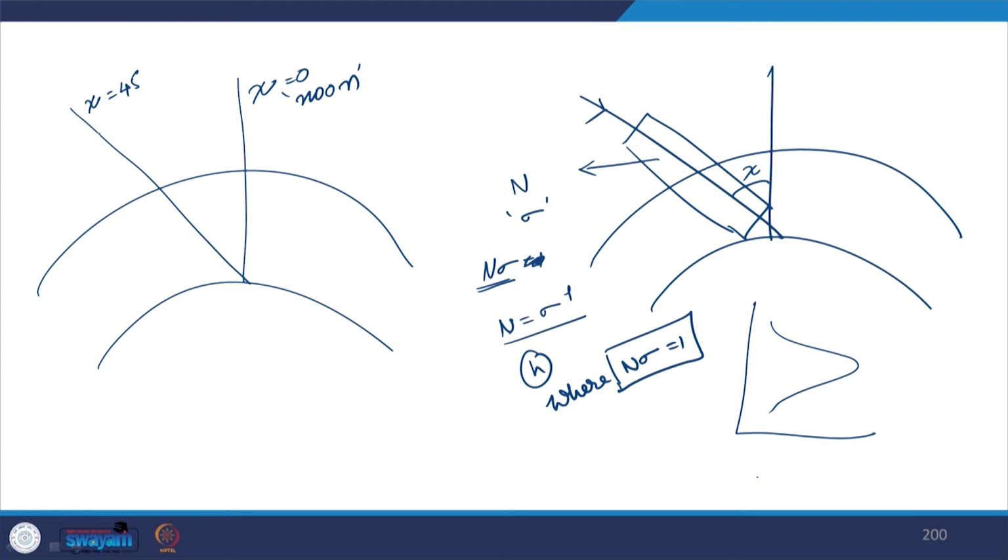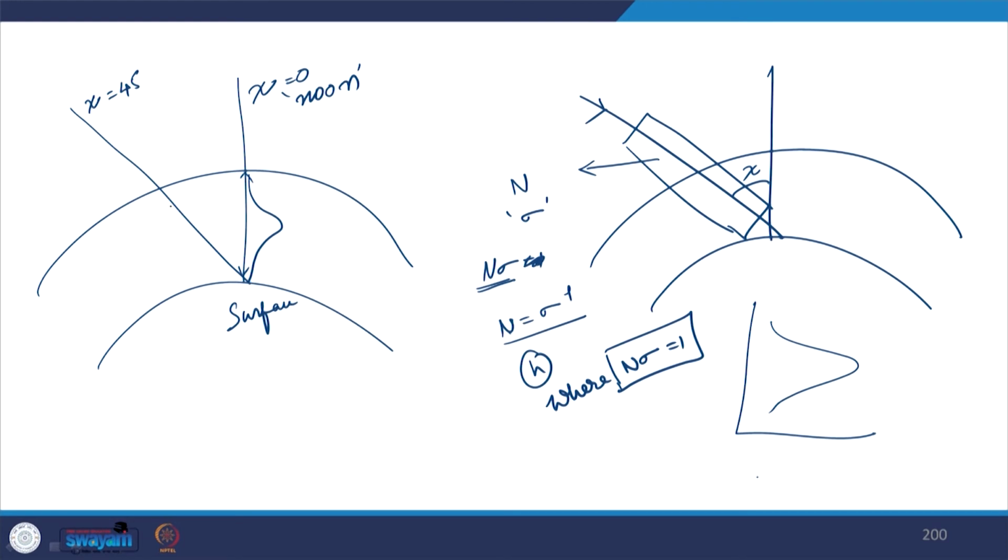Now, what I am trying to say is, as the radiation travels, there will be a balance point where the production is maximum, right. What you will realize is that as the radiation travels normally, it takes less distance to reach the surface. If it travels in an oblique direction, it will travel more distance, right.